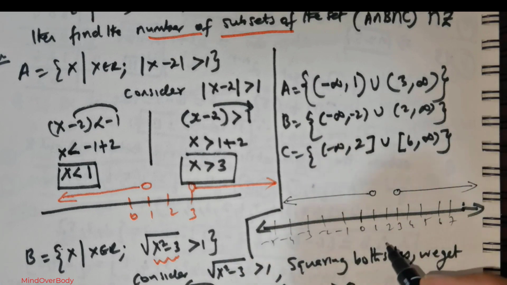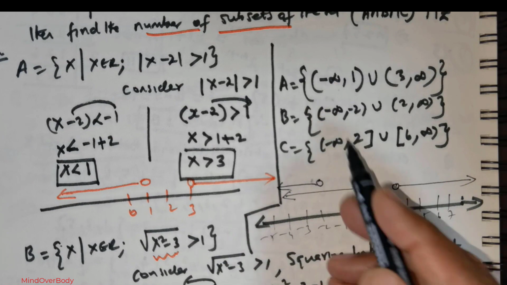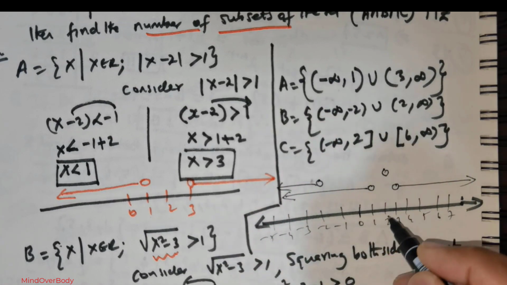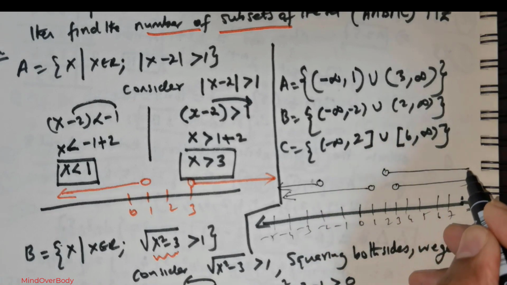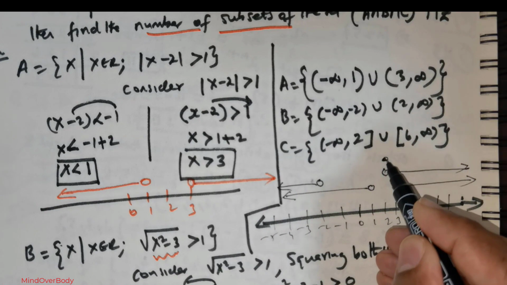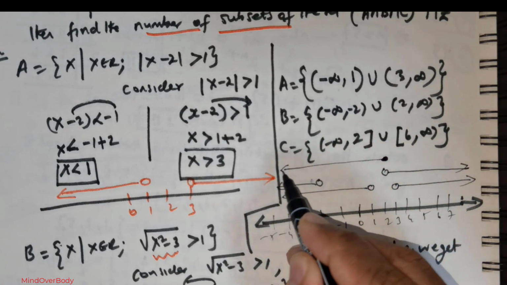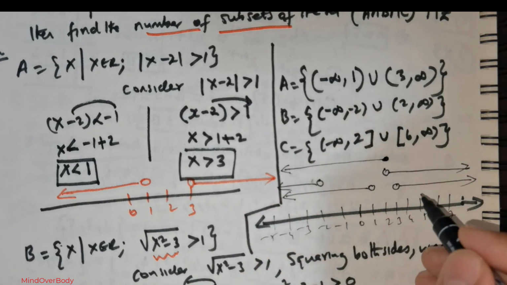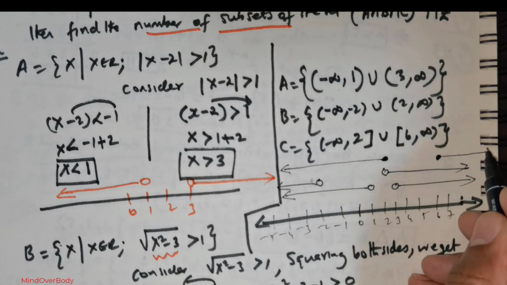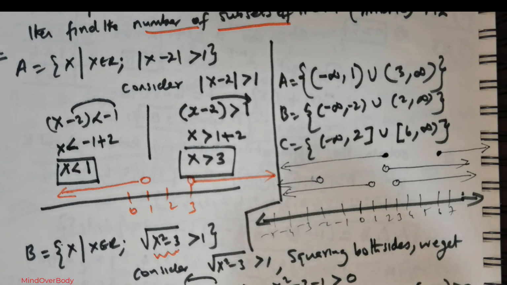And for C, from +2 all the way to -infinity, and +6 to infinity. So these two are shaded, right?